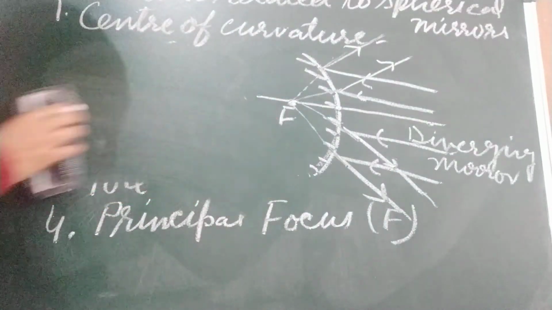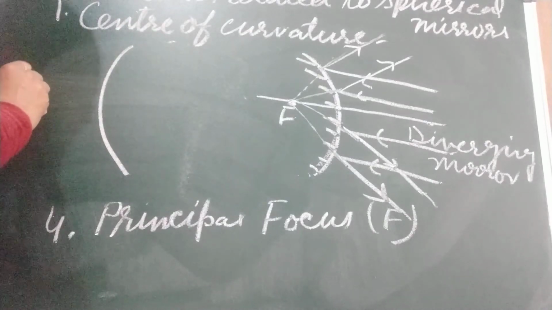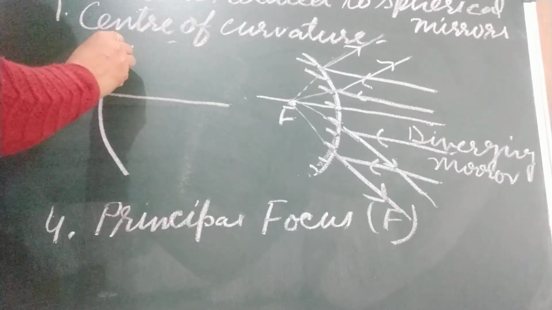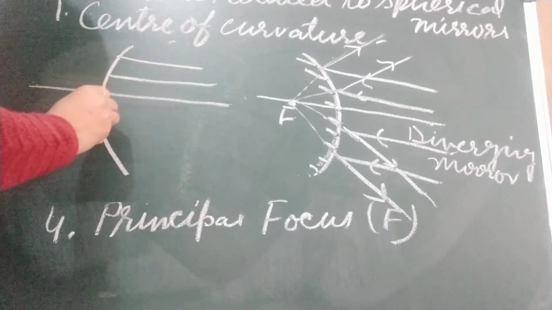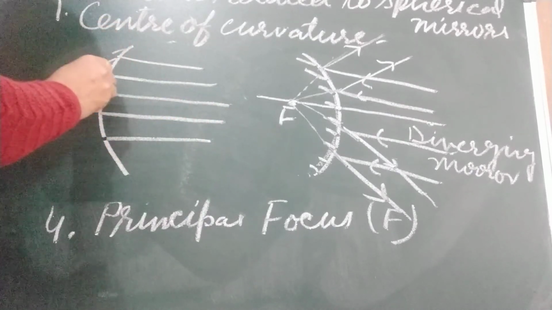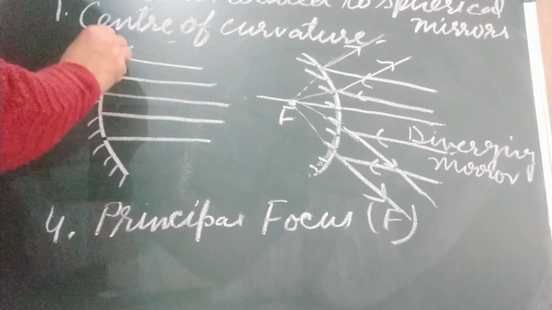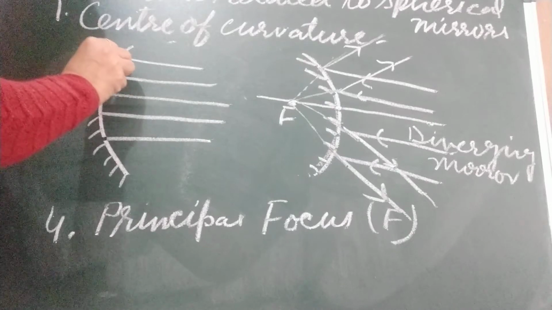And here I am erasing it. You see what happened? This is the principal axis. The rays which are falling on the concave mirror, after reflecting, they converge.